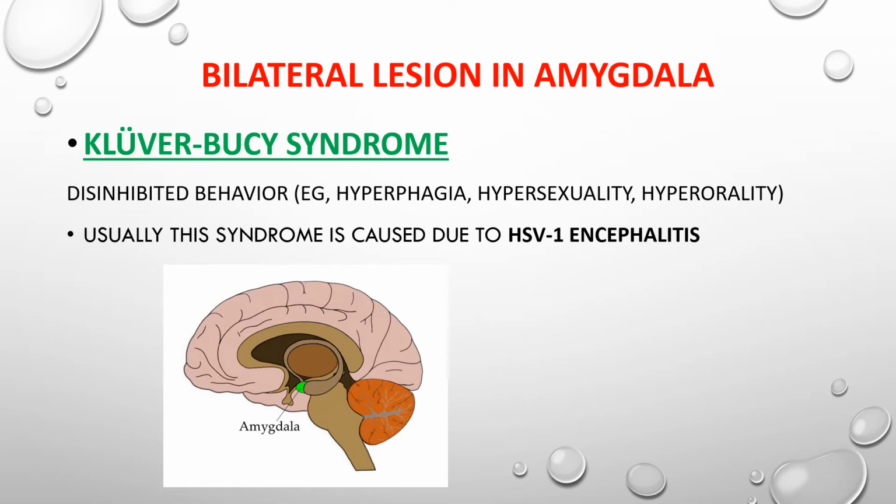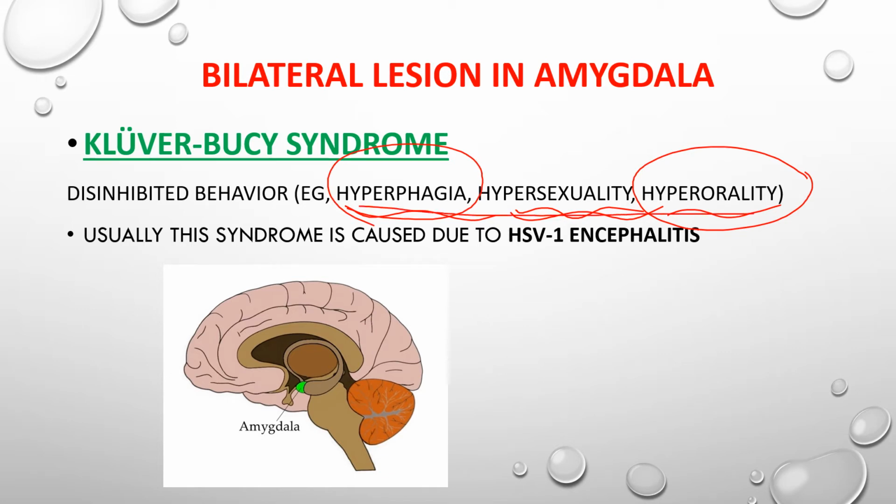For example, the patient eats a lot, which is known as hyperphagia, and the patient or individual puts objects in their mouth and engages in inappropriate sexual behavior. So there is hyperorality, which is putting any object in their mouth, and hypersexuality, where there is inappropriate sexual behavior, and hyperphagia means eating a lot.